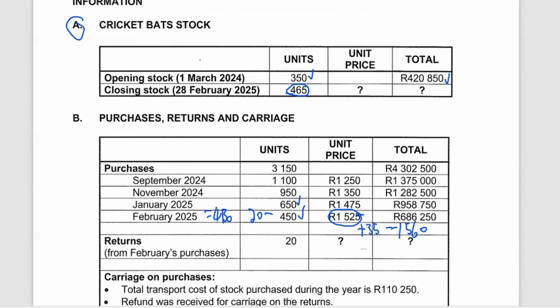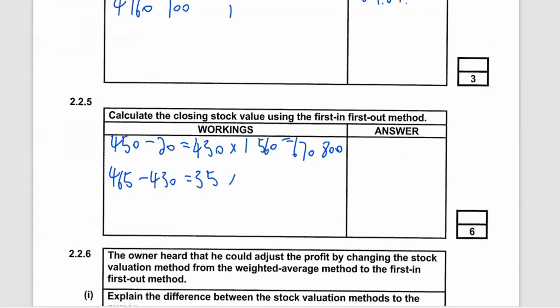So now, how much are we going to value our 35 units? We're going to use our price of 1,475 plus the carriage of 35 rands. So 1,475 plus 35. Then we get our answer, which is 1,510. So we have 35 units valued at 1,510.